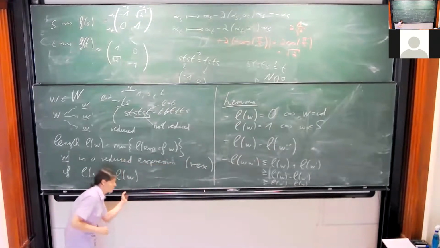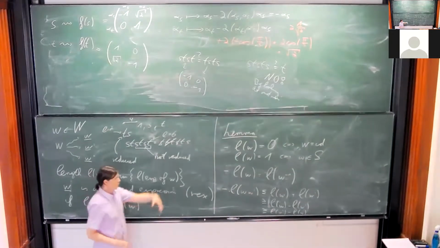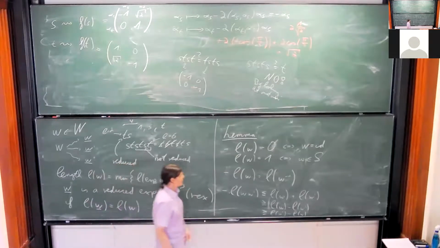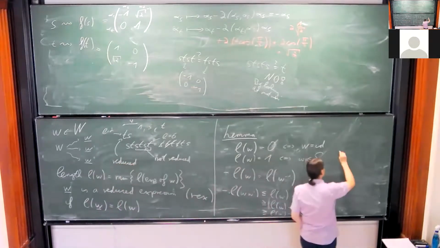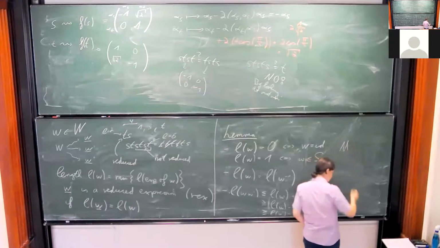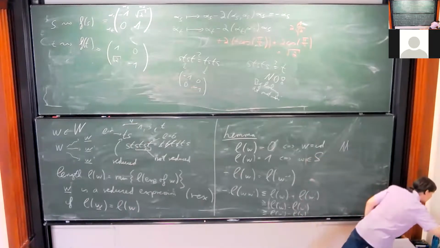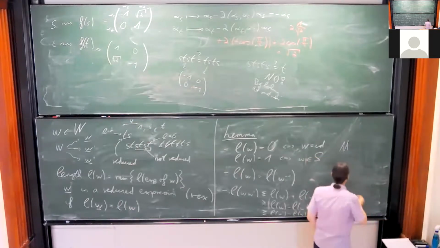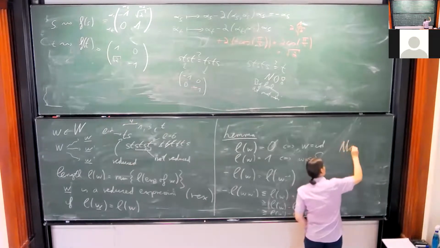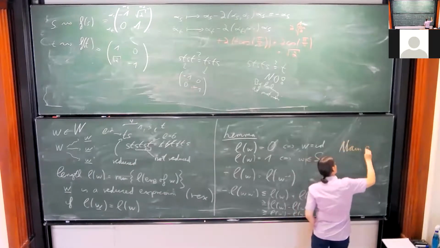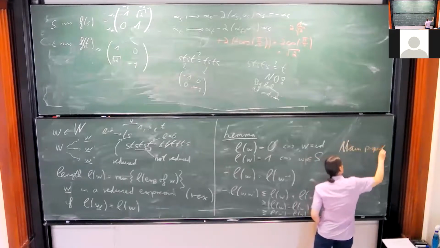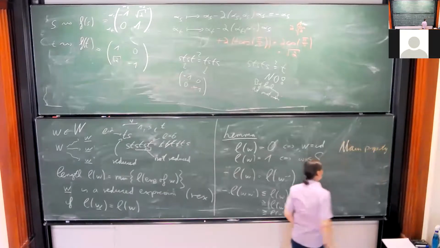which gives you an inductive way to think about Coxeter groups. Along the way, the main property is the following.